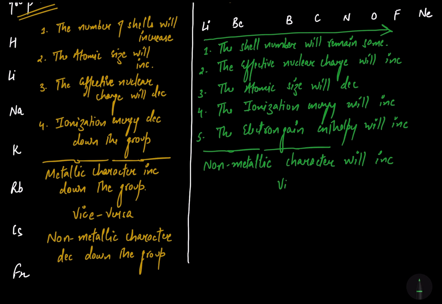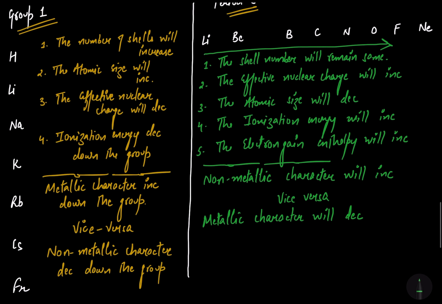Now here we can also write that vice versa, what will happen from left to right, or we can say across a period, metallic character will decrease.